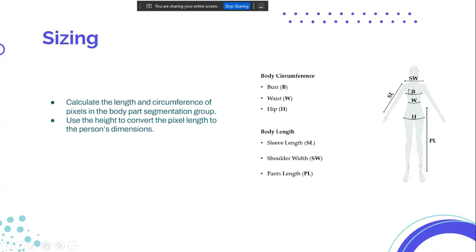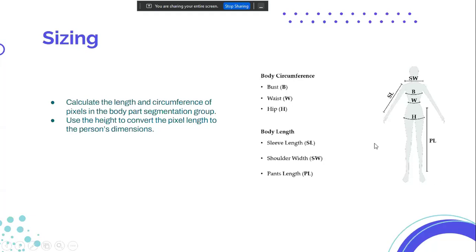How this algorithm works is, once you get those segmentations, you actually calculate the number of pixels, the length and circumference of pixels, in that body part segmentation group. So for example, if you want to calculate the sleeve length, you'd look for the body parts in this region and then calculate the actual length and circumference. That's why you're taking the photo of the front and the side. So the side is for the circumference bit.